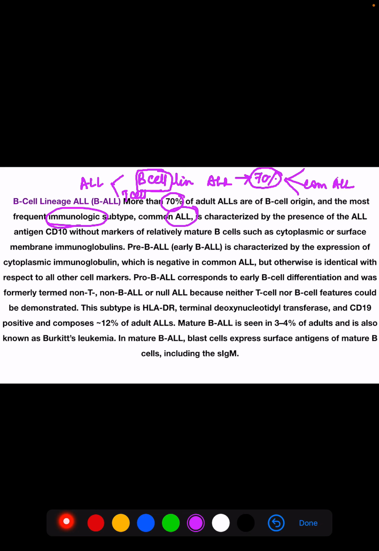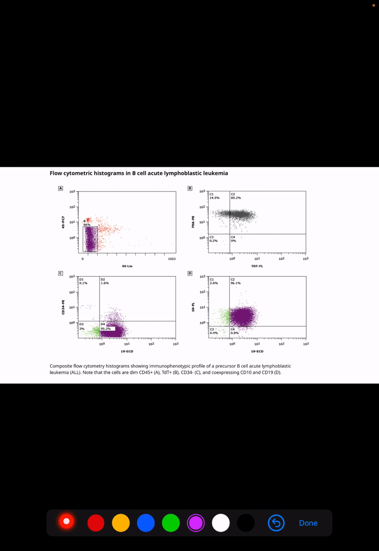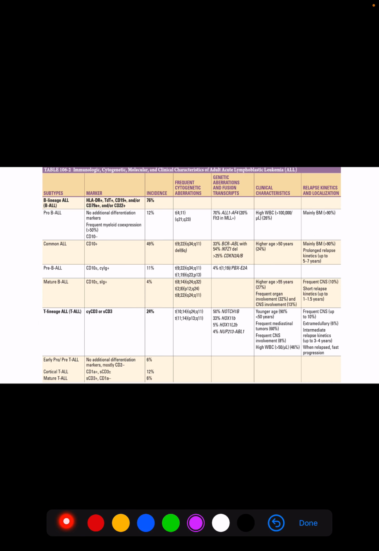This is characterized by the presence of the ALL antigen CD10 without markers of relatively mature B cells such as cytoplasmic or surface membrane immunoglobulins. So in B lineage ALL we have different types, of which the most common is common ALL.